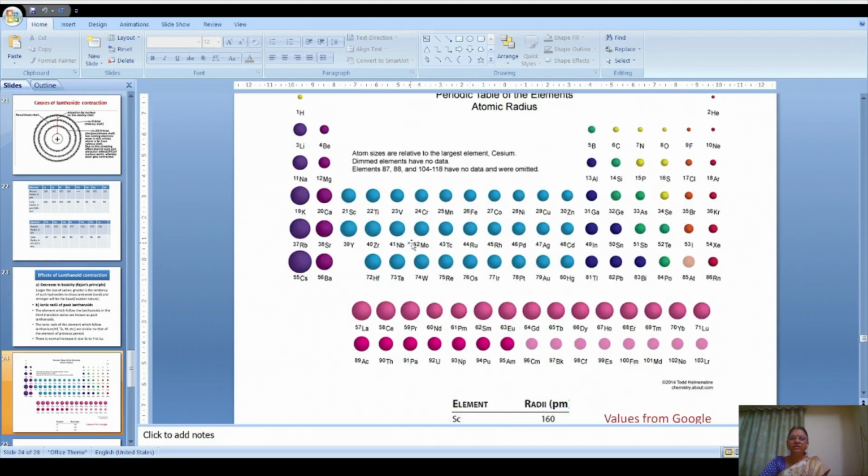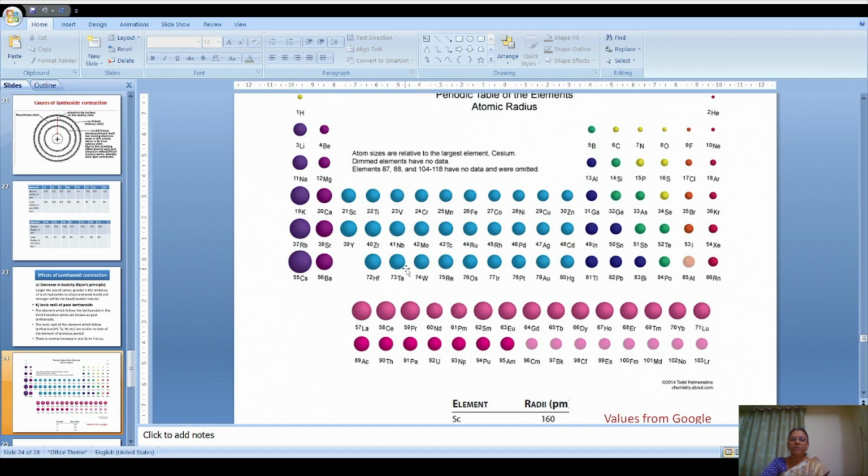Generally we can see that in s block elements the size goes on increasing, but for post lanthanide elements there is no increase in size, and this is the effect of lanthanide contraction on post lanthanide elements.